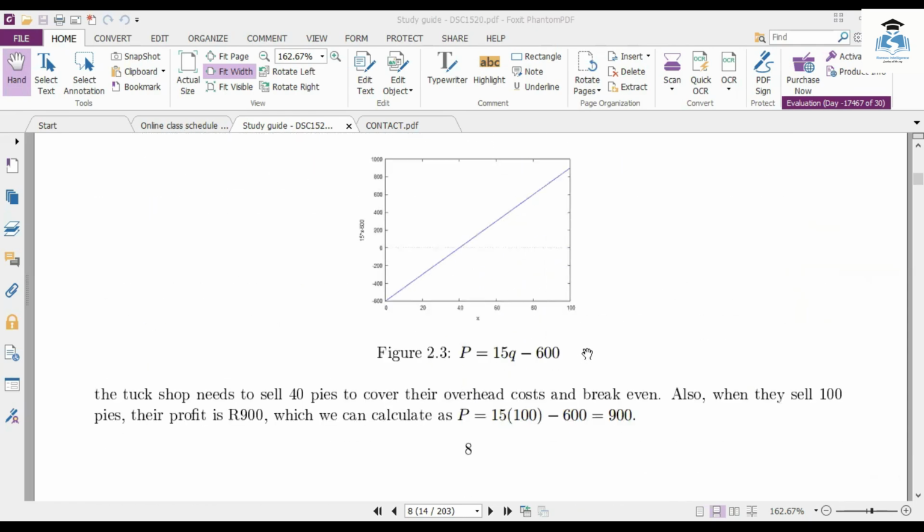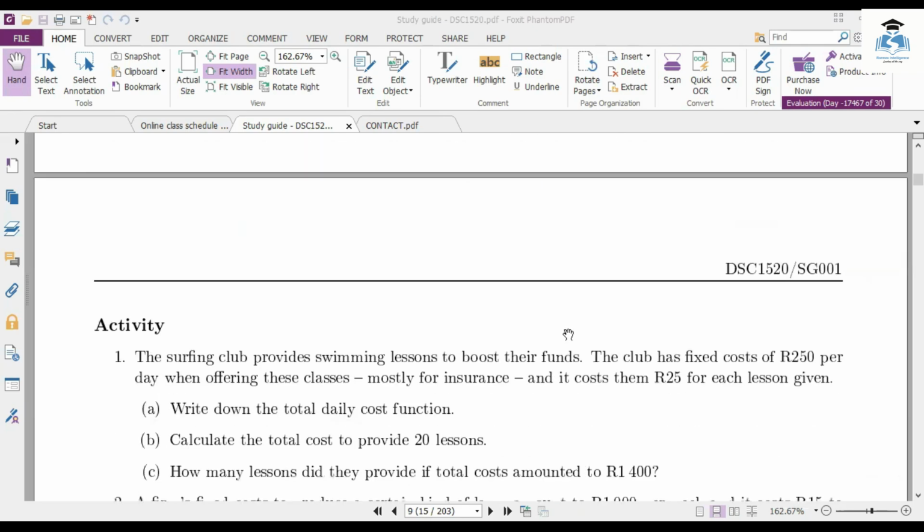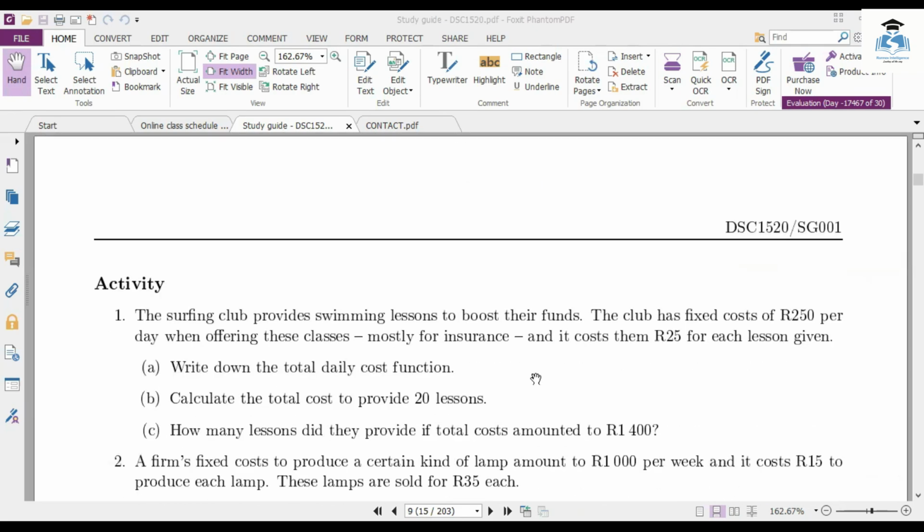So let's go to an actual example. Here we have got this one. Now I want your participation. It says the surfing club provides swimming lessons to boost their funds.